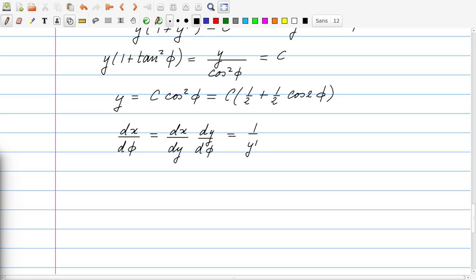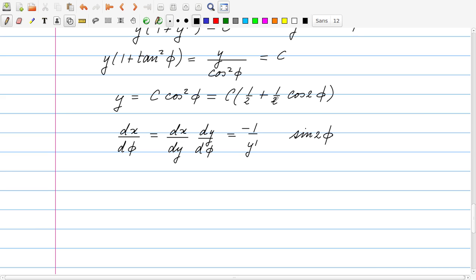So we now use the fact that dx/dy can be written as 1 over y', and we know what dy/dphi is, because we can read that off from this expression, and it gives us first of all a minus, because the derivative of the cosine is minus the sine of 2 phi.